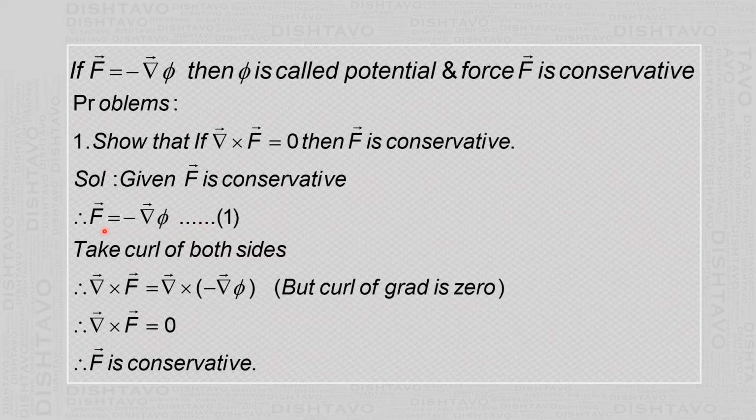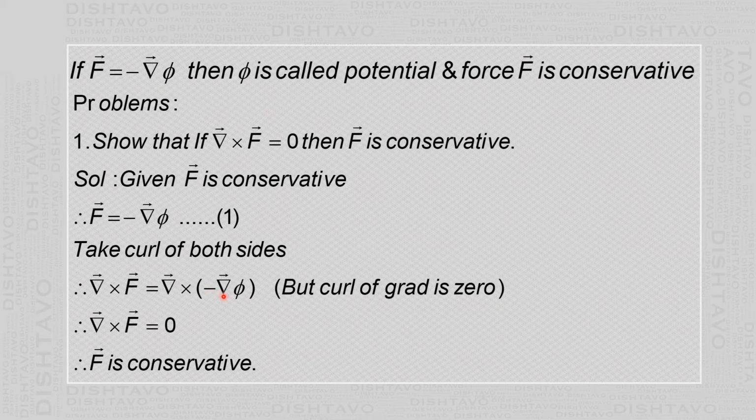Then on both sides of equation 1, you take the curl. Curl means del cross. So on the left hand side it becomes del cross F, and on the right hand side it becomes del cross of minus grad phi.